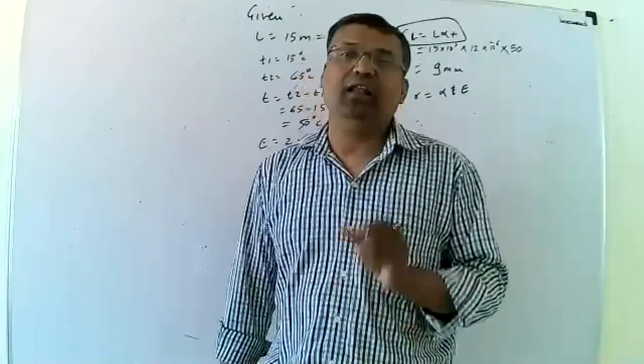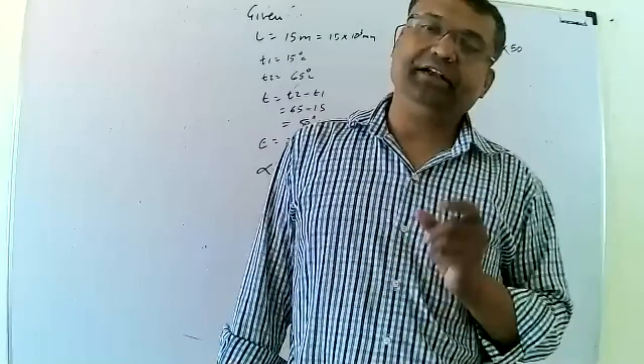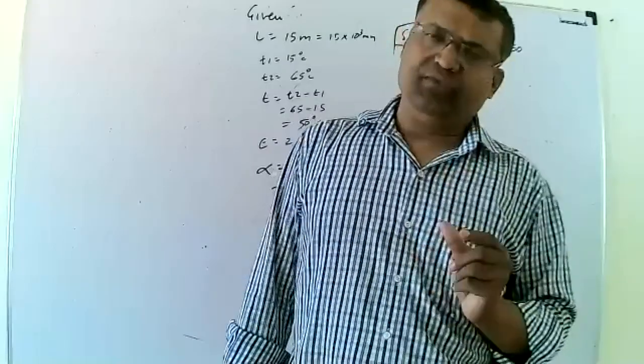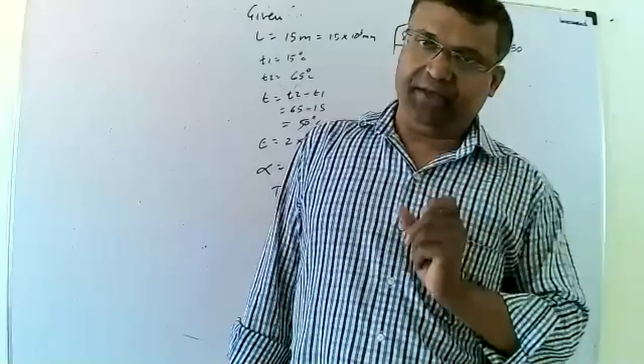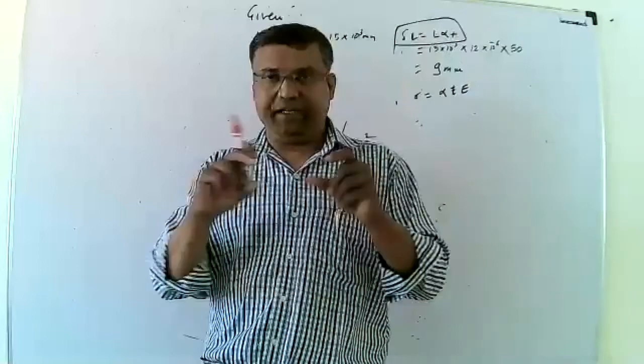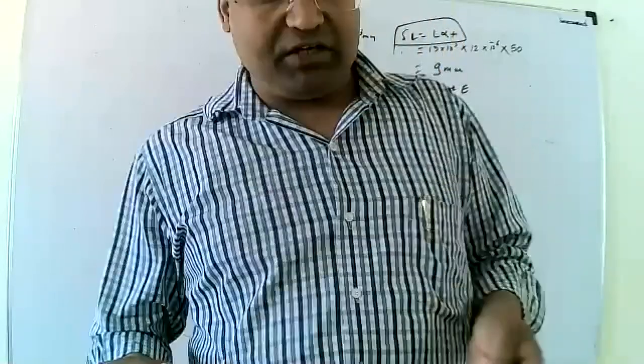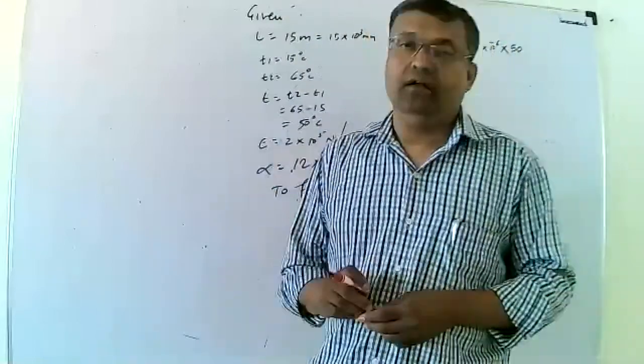L is the length of the bar, alpha is the coefficient of linear thermal expansion of the bar, and t is the change in temperature, represented by small t. Then delta L equals L alpha t, which is said to be the expansion of the bar.